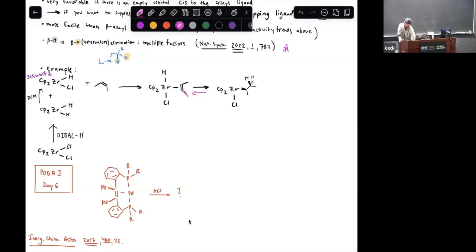Is the zirconium happy in its secondary alkyl position? No. Where does it want to get from a thermodynamic perspective?